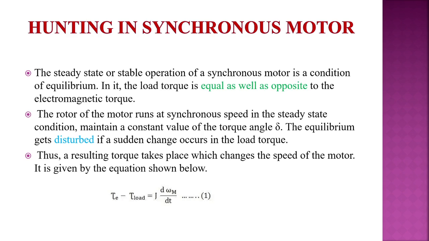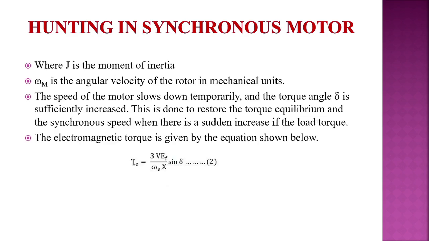Equilibrium will get disturbed if a sudden change in load occurs. Thus, a resulting torque takes place which will change the speed of the motor. So let us see the equation of the torque now. TE minus T load is equal to J d omega m by dt, where J is the moment of inertia, omega m is the angular velocity of the rotor in mechanical units.